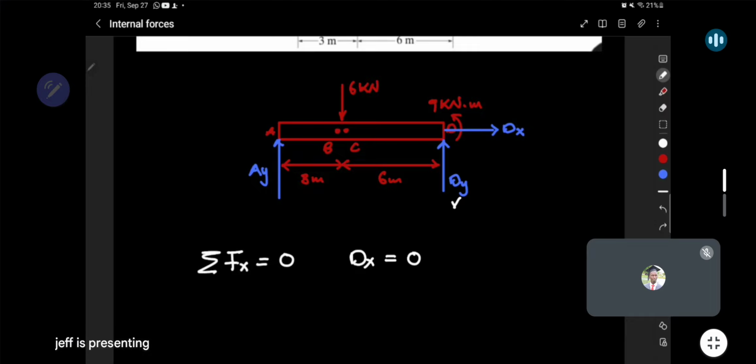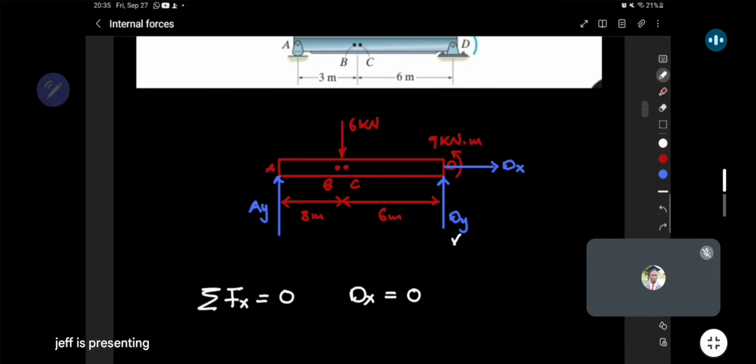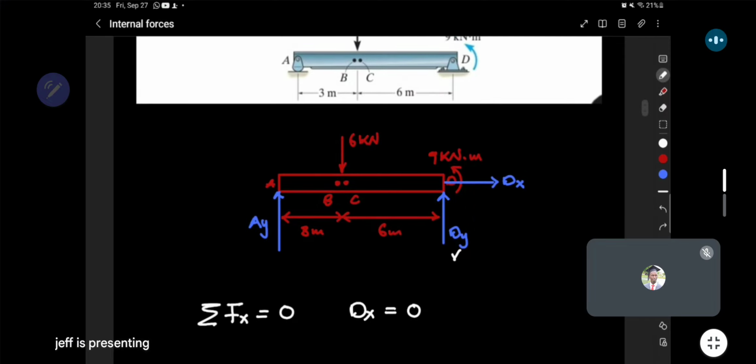You notice that the quickest way to actually analyze this problem is to use sum of moments. So again, you have to be smart here. When taking sum of moments, I'm sure you guys have been doing this for some time, so you understand how it goes. You don't want to just take sum of moments about any point. You want to utilize the fact that when moments are evaluated at a specific point, any force that passes through that point will not cause a rotation about that point.